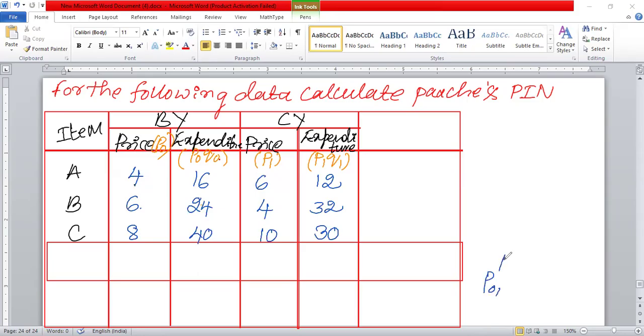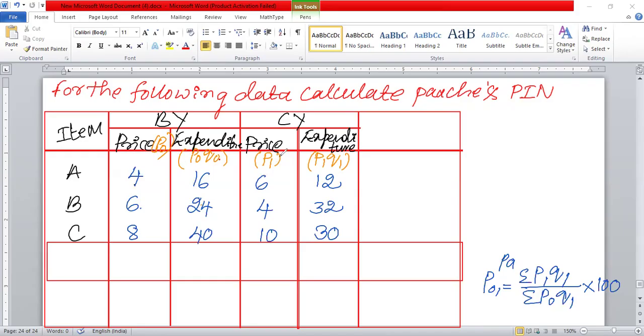P01 Paasche's is equal to summation P1 Q1 by summation P0 Q1 multiplied by 100. So P1 is there, but Q1 is not here. P0 is there.